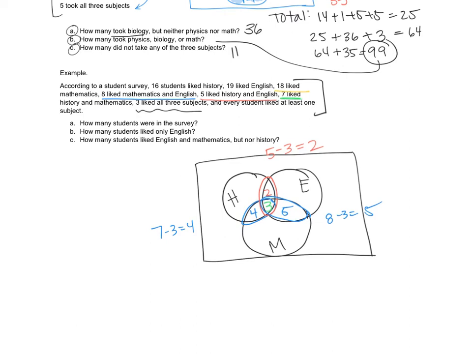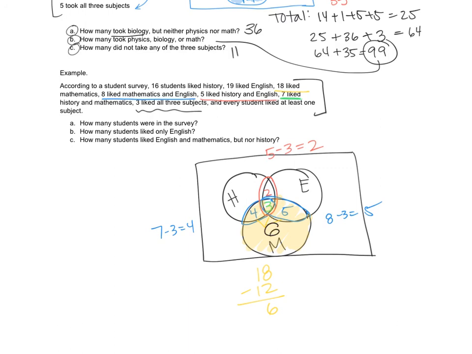Again, we look at this entire circle, which has to add up to 18. I can add up the numbers inside: 4 plus 3 is 7, and then 5 more is 12. So for the total math people, it's 18 minus the 12 we used up, that leaves 6. So 6 people will live there.